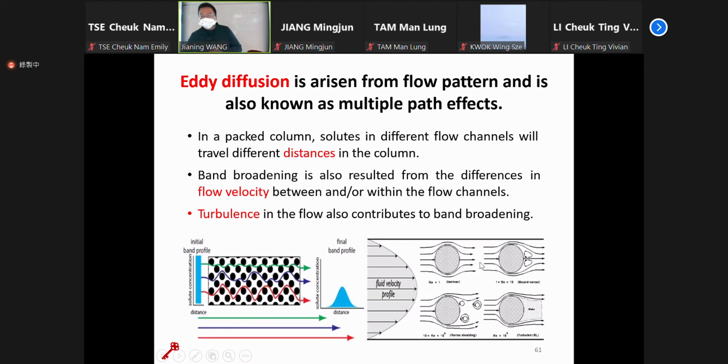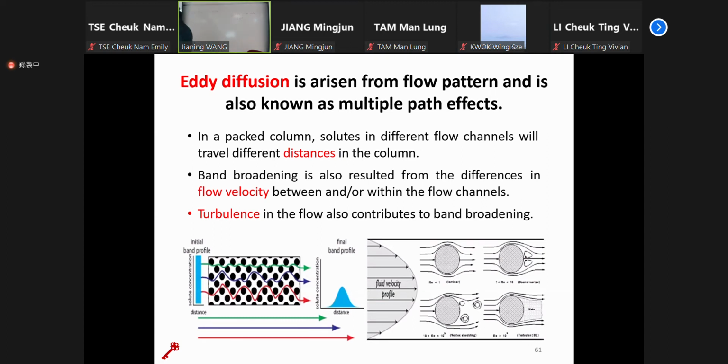Because there is turbulence, that also changes the path length. So this is one term that contributes to the peak broadening. So if we use a packed column, just from this factor, we should understand the band broadening is unavoidable, right?